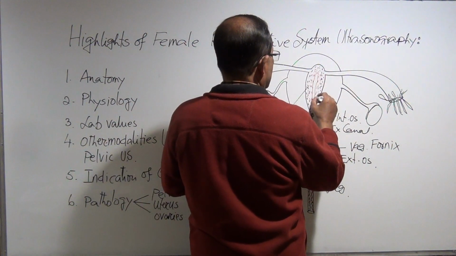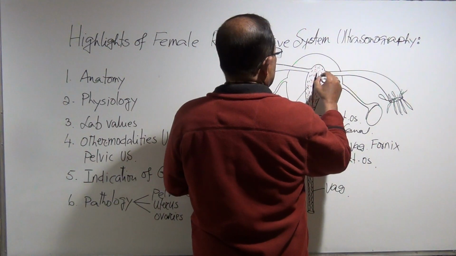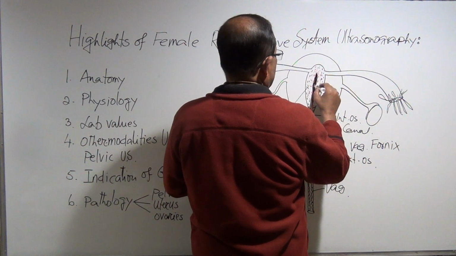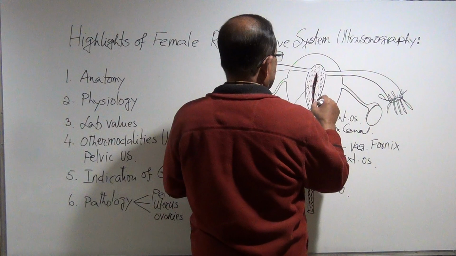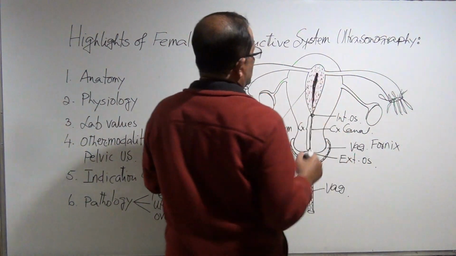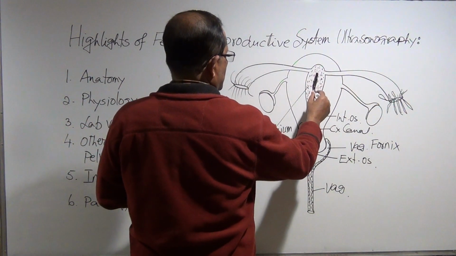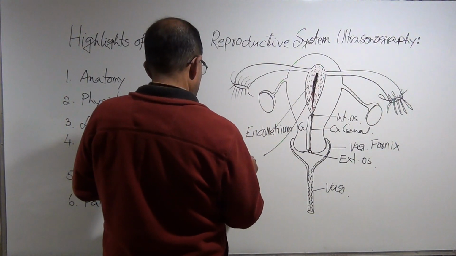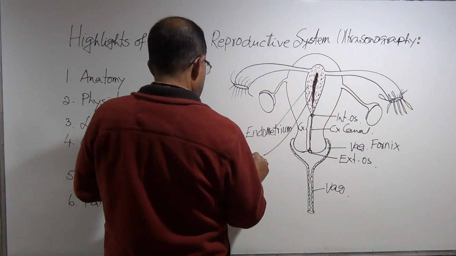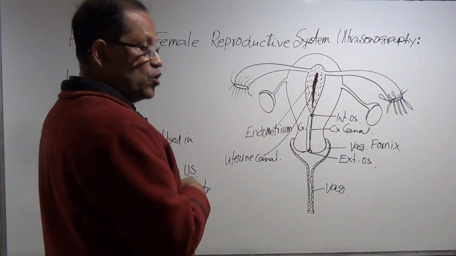Let me draw it with the anechoic tube, anechoic, as if there is a little collection of fluid, just in order to show the uterine canal. Uterine canal or endometrial canal.